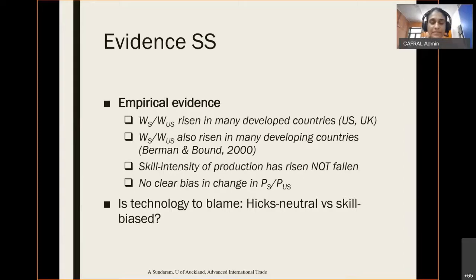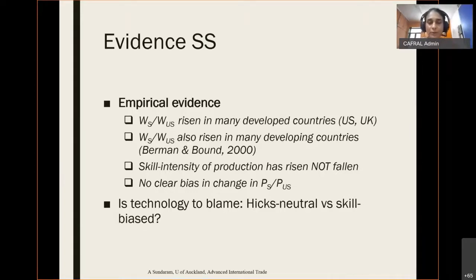So what happens in developed countries is that, yes, with international trade, you see rising inequality, right? Because skilled labor gains in real terms and unskilled labor loses. But it's very hard to empirically pin down whether this is because of international trade or simply because of automation and AI.